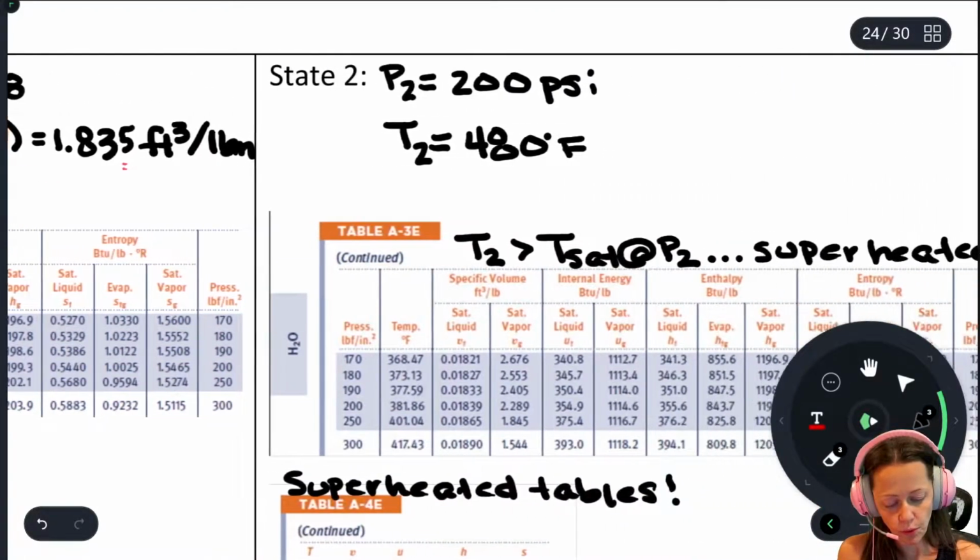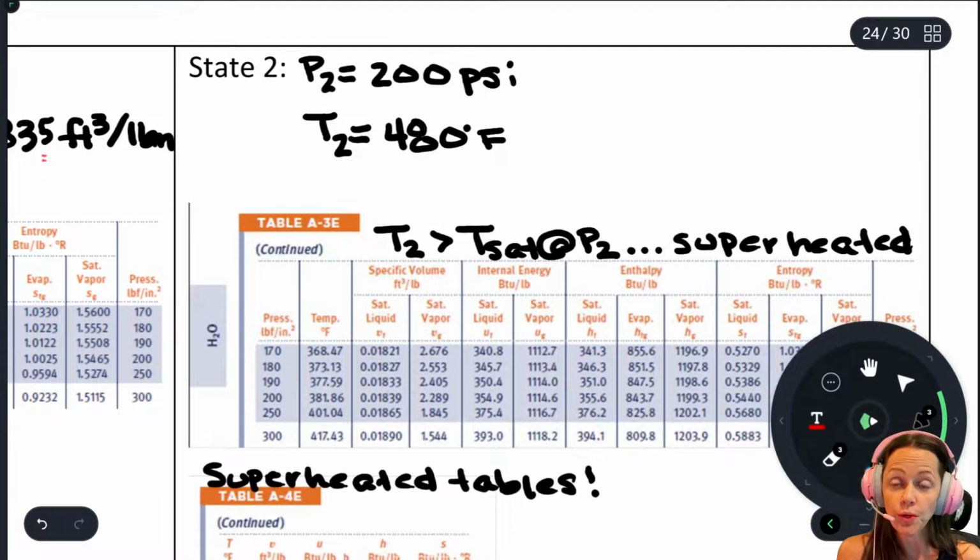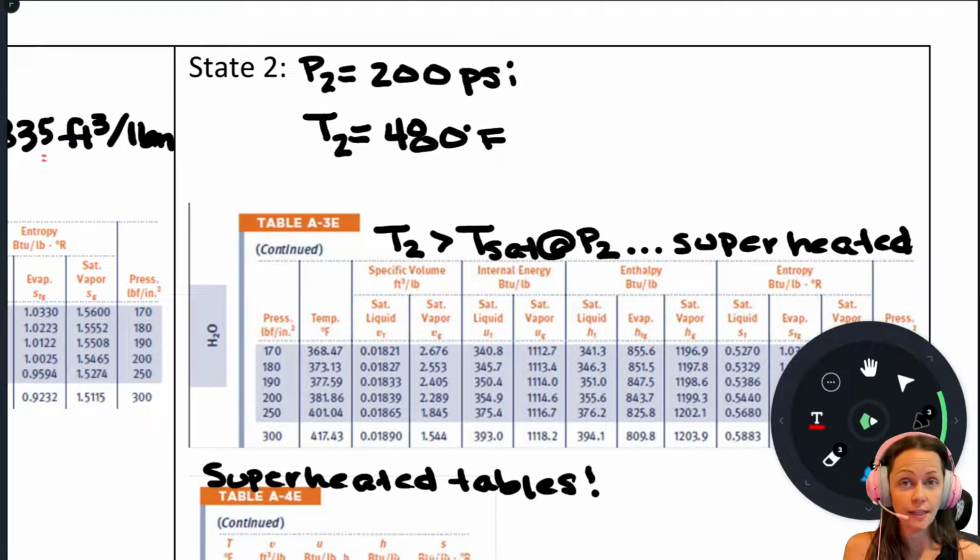All right, so let's go over to state 2. We had figured out that it was superheated at 200 psi and 480 degrees Fahrenheit, and we knew that because the temperature T2 was greater than Tsat at P2.